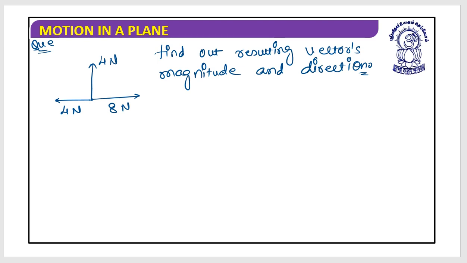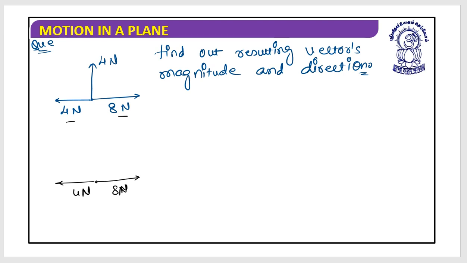First, look at that I have a relation for only two vectors. It is the root of P square plus Q square plus 2PQ cos theta, and I don't know what should be done if three vectors are there. But what my common sense guides me is that if you have more than two vectors, you can solve this by taking two vectors at a time, and things will be done. So this is the 8 Newton force, and this would be the 4 Newton force.